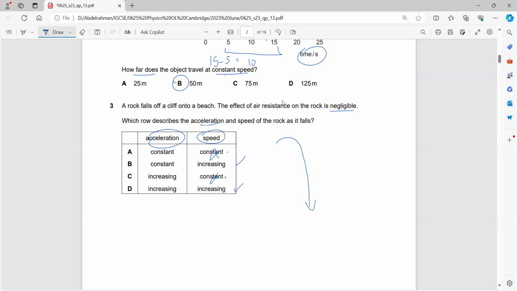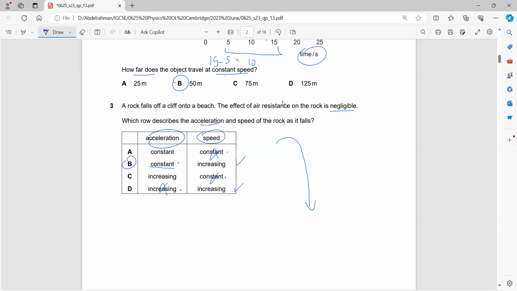What about the acceleration? Is the acceleration constant or is it increasing? Most of you were right. It is constant acceleration. The acceleration cannot be increasing. Why is the acceleration constant?